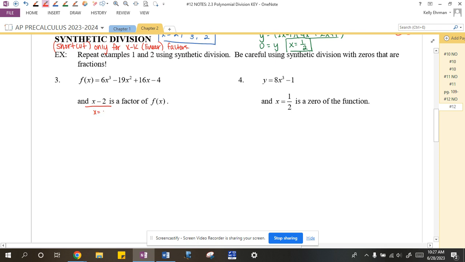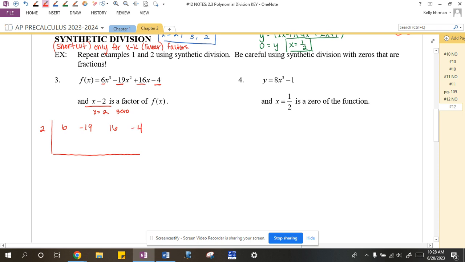That means that x equals 2 is the zero. Put the zero number only outside of a synthetic division setup, which looks like this. Part of the reason this is a shortcut is because we're just using coefficients instead of all the x's. So just use the 6, just the negative 19, just the 16, just the negative 4.